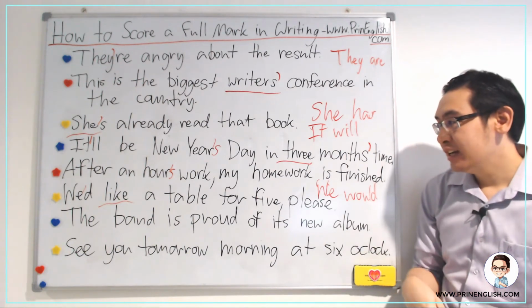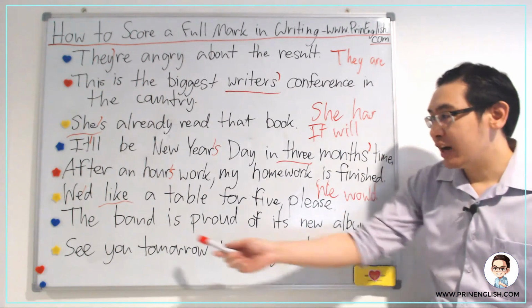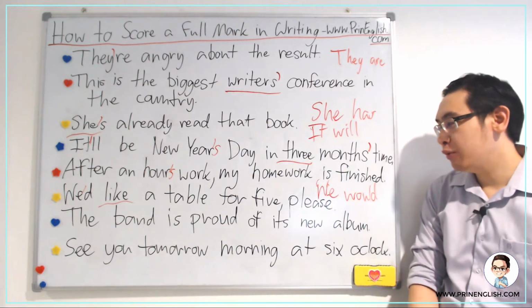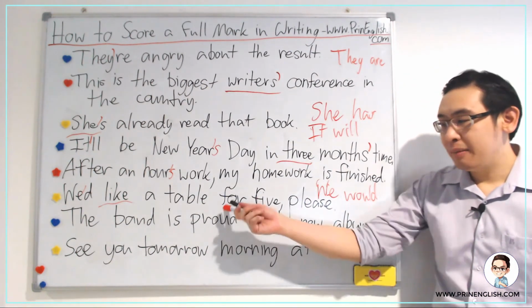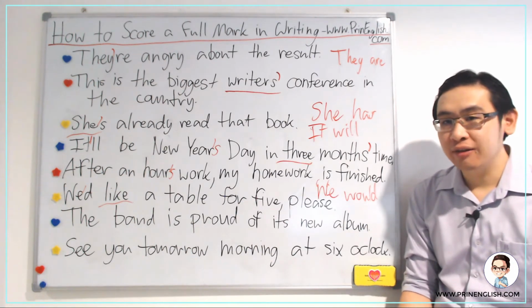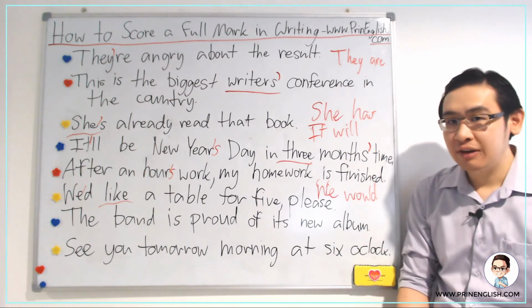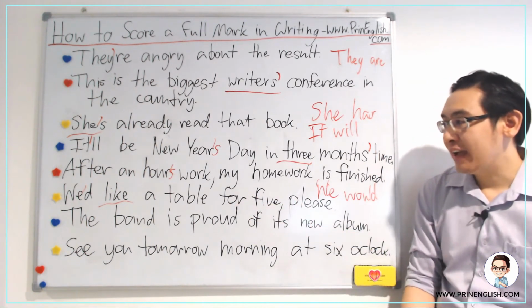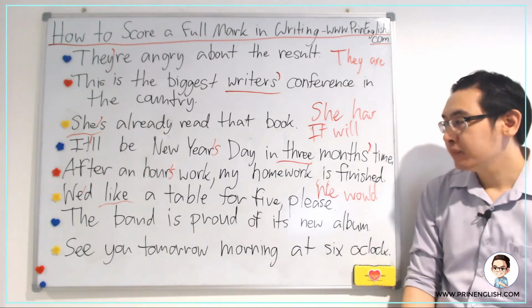Anyway, we would can be contracted to we'd, so we add an apostrophe there. We'd like a table of 5 please. So maybe this group of people are at the restaurant and they're looking for a place to sit and eat, right, and their group has 5 people, so that's why they ask like that, okay? So we only need 1 apostrophe here.